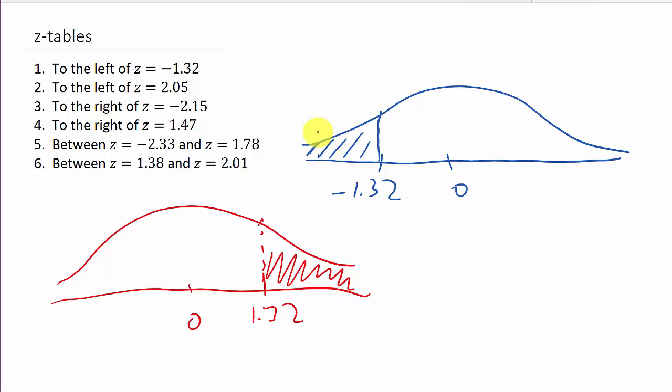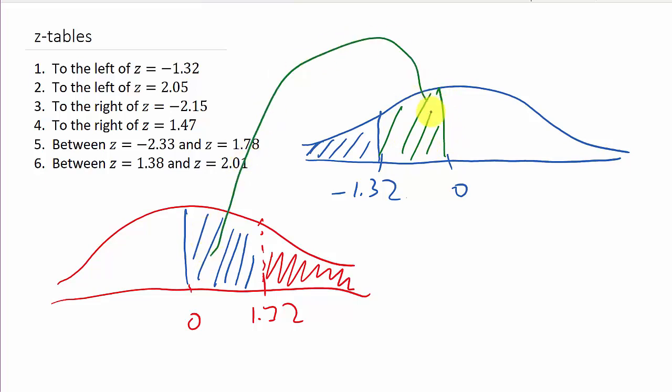We're finding this area, but it's the same as this area. Remember, when we look the value up in the table, it's going to give us this area here, which is actually the same as this area here. This area and this area are the same, and then this area and this area are the same.